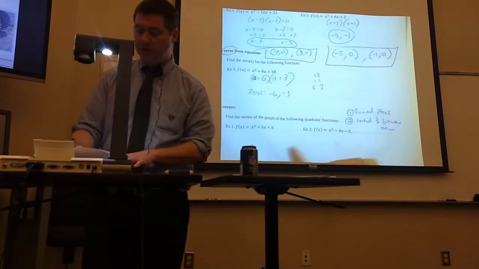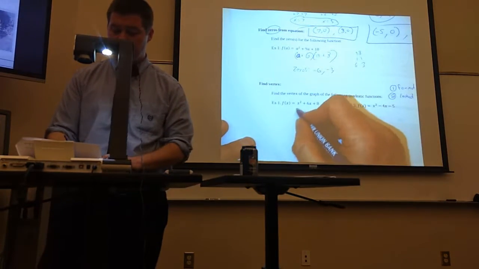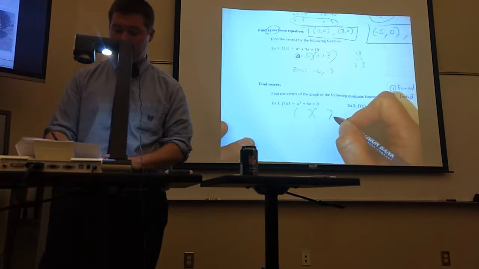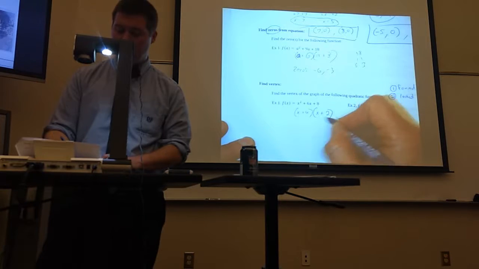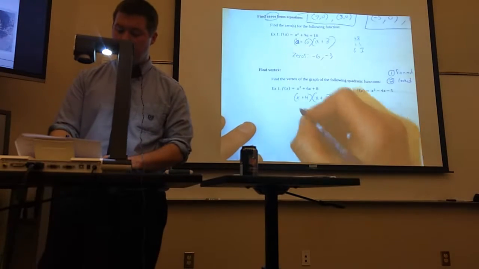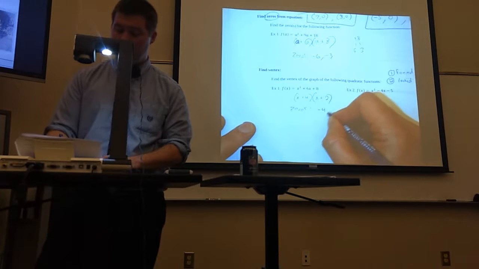So we can do that. We'll do that for this first one. So the zeros, let's see, 4 and 2. Right? Those multiply to give me 8, add to 6. So the zeros are negative 4 and negative 2.